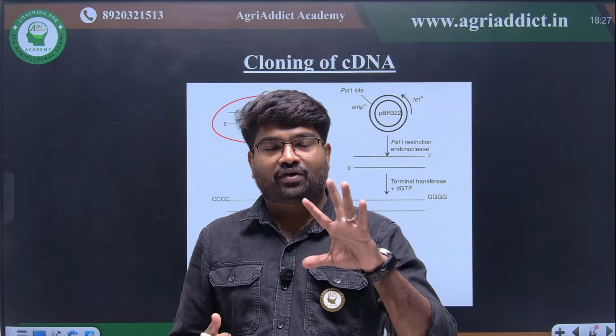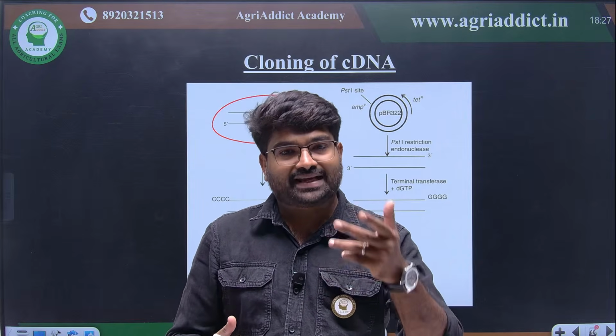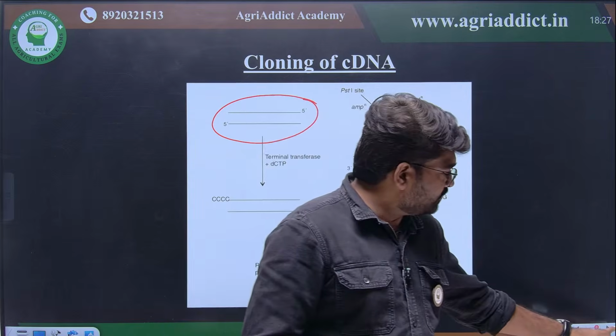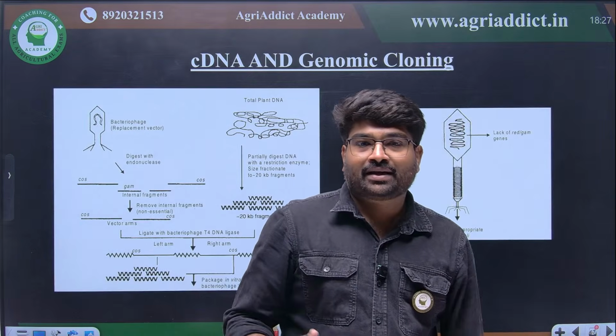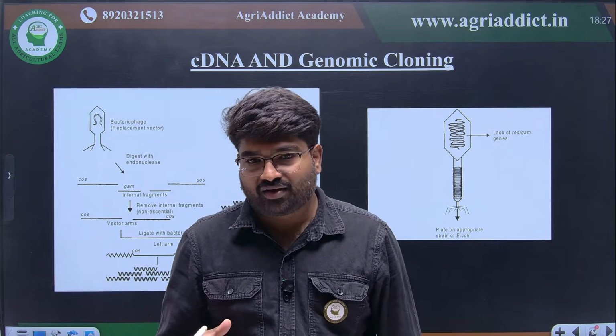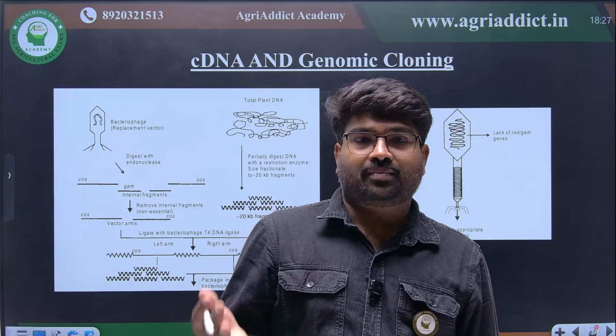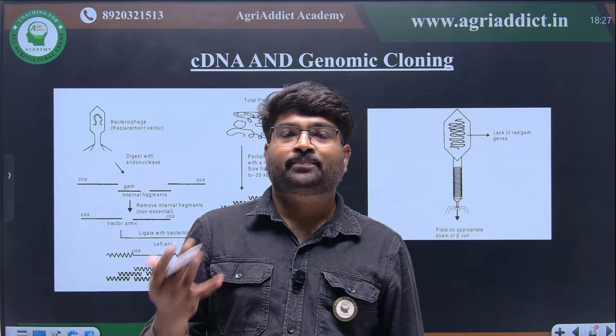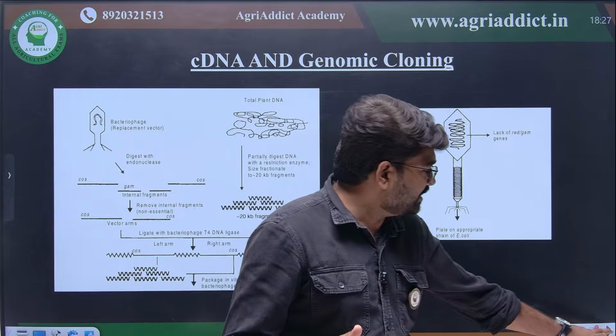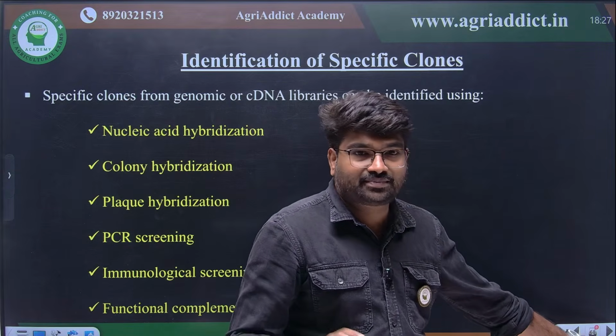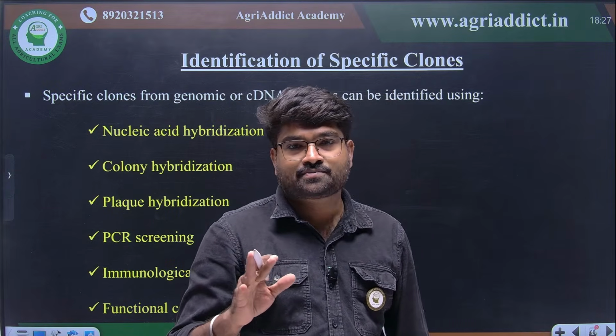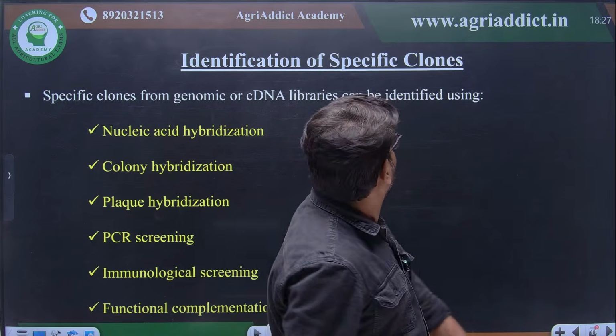Clear? So for cDNA cloning, even plasmid vectors are used. But for genomic DNA cloning, lambda phage vectors are highly preferred. Apart from that, bacterial artificial chromosome and YAC are preferred. This is the key difference between cDNA cloning and genomic DNA cloning.